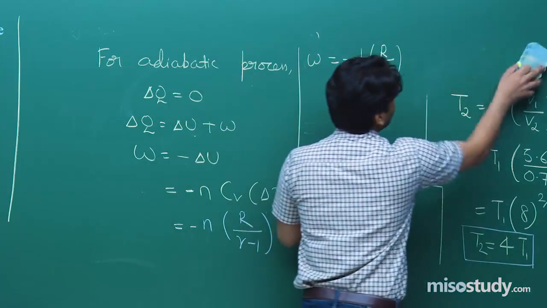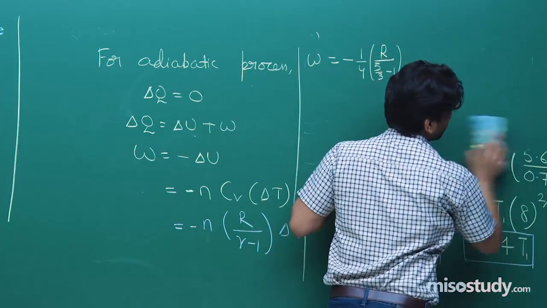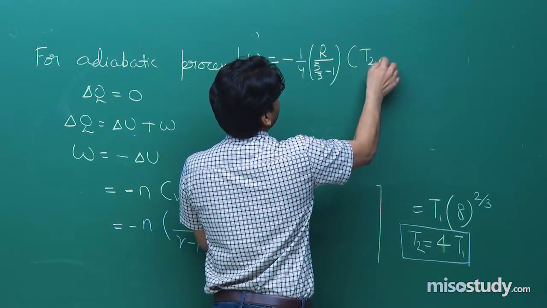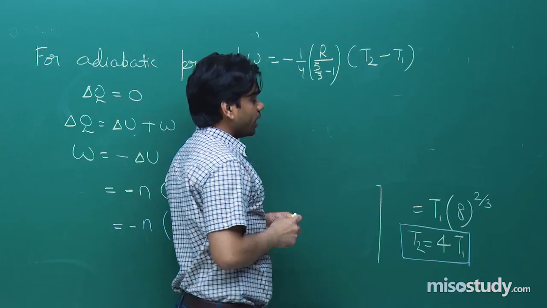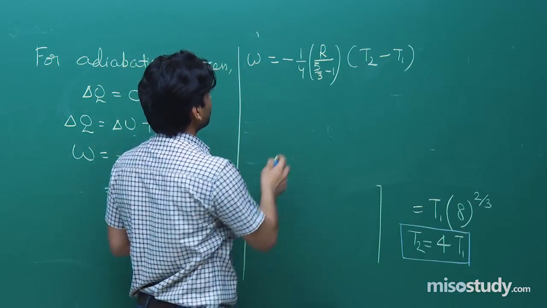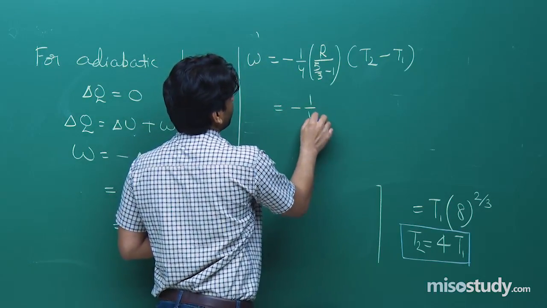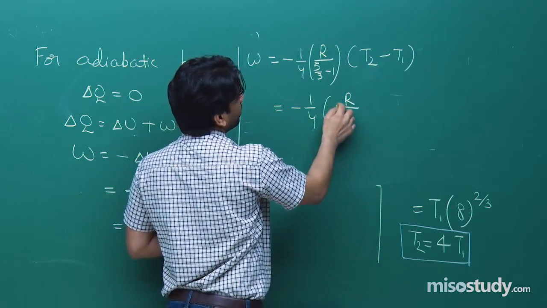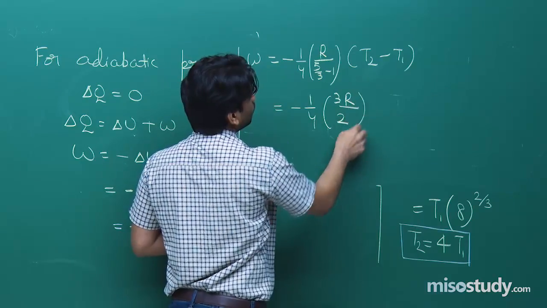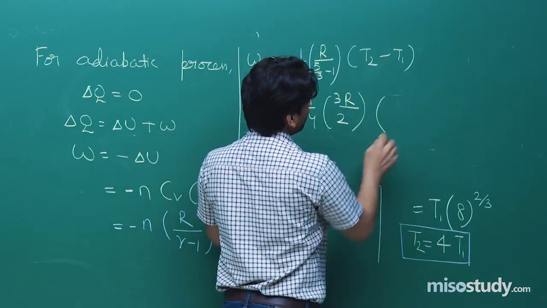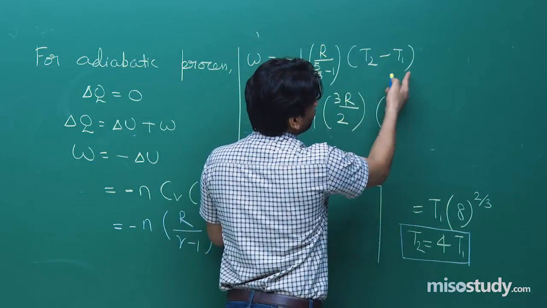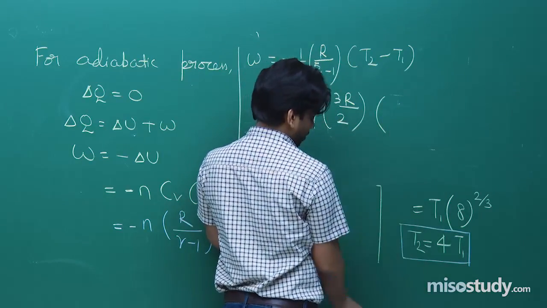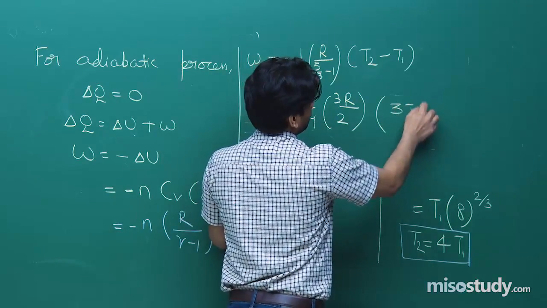T2 is actually 4 T1, that is what we have reached. So finally we are going to get minus 1 by 4 R, and 5 by 3 minus 1 gives 2 by 3, so this will become 3 R by 2, and T2 minus T1 will give us 4 T1 minus T1, which is 3 T1.